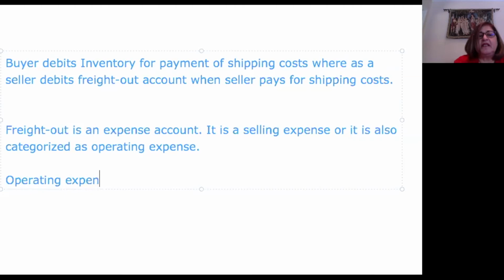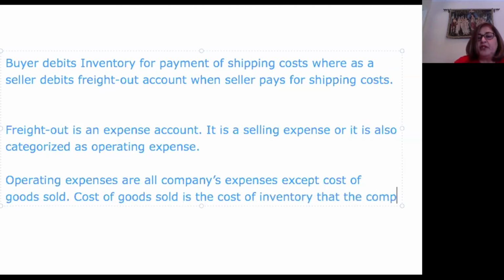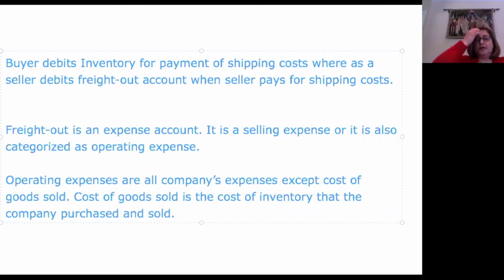Operating expenses are all company's expenses except cost of goods sold. Cost of goods sold is the cost of inventory that the company purchased and sold. So far, you guys are okay?